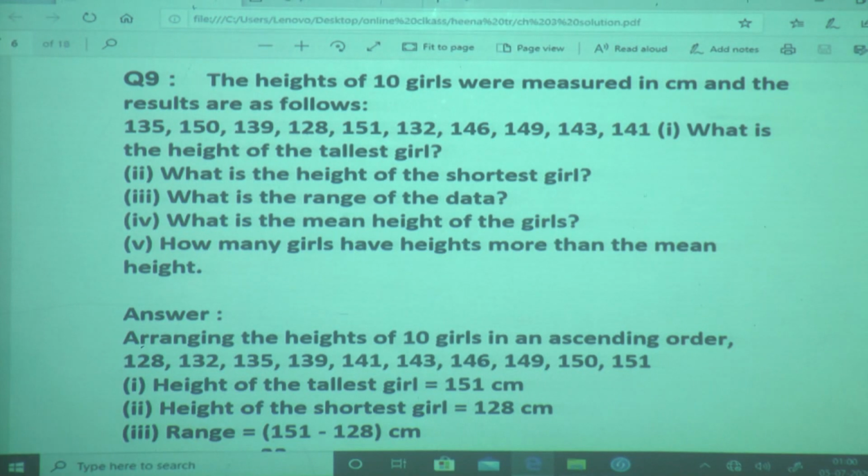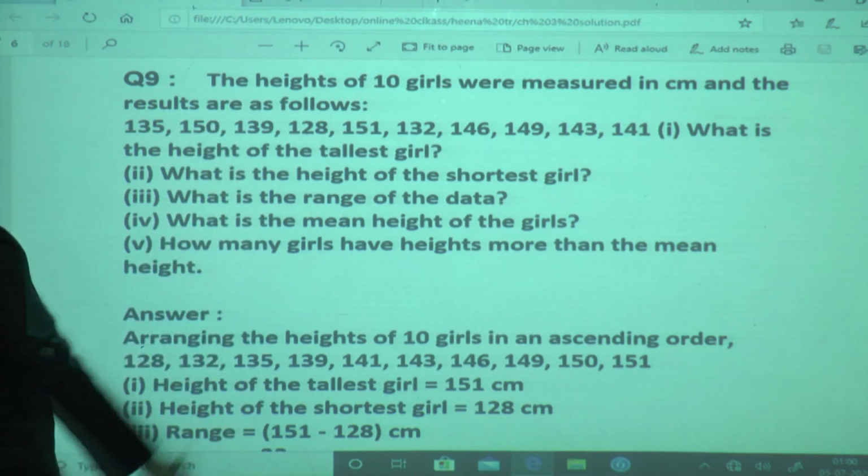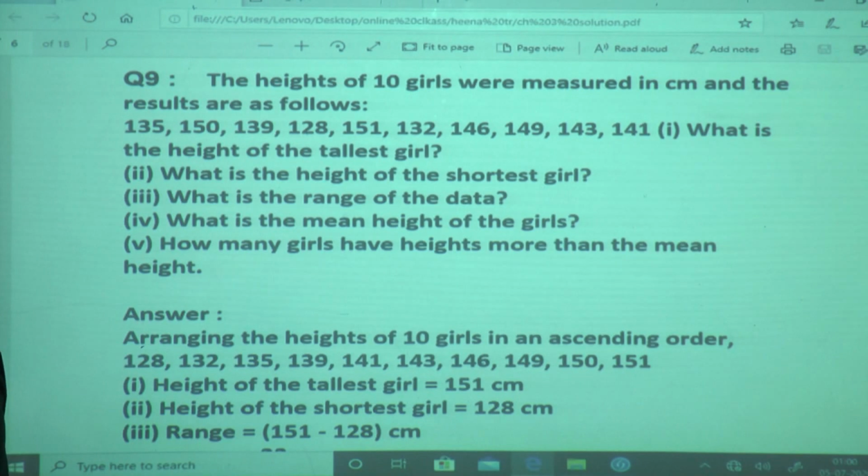We will go to the next question. The heights of 10 girls were measured in centimeter and the results are as below. Now it is given as 10 girls, so you know the number of girls is the number of observations. So it is 10.